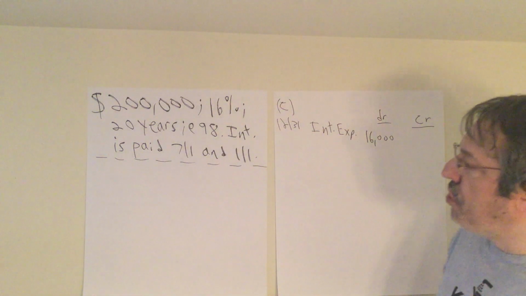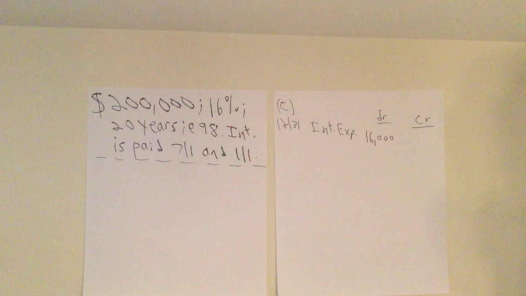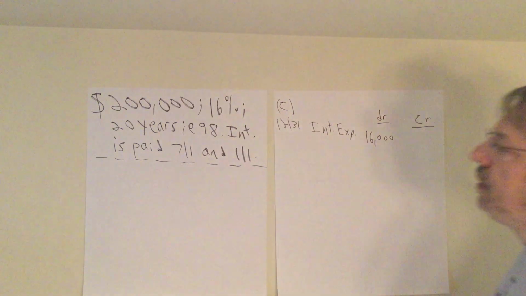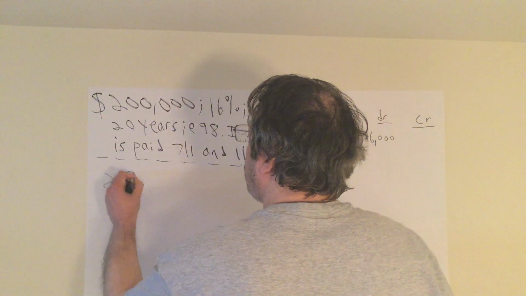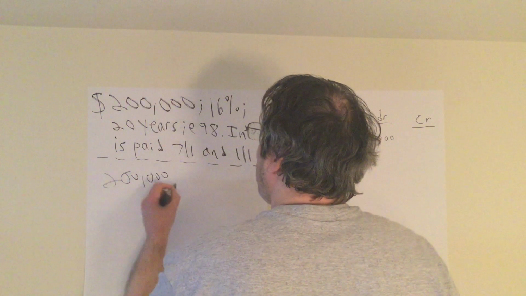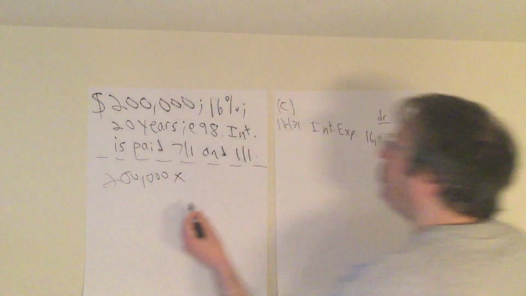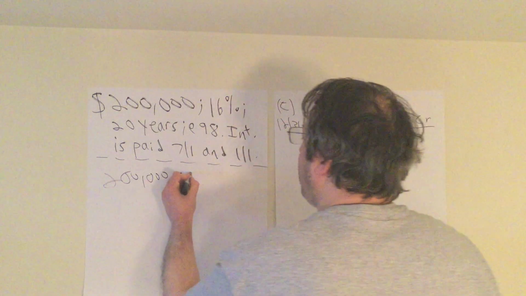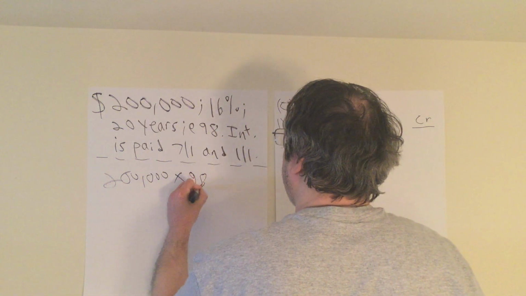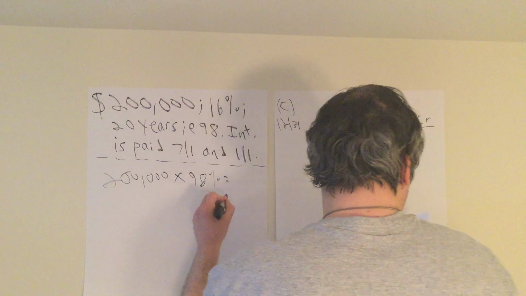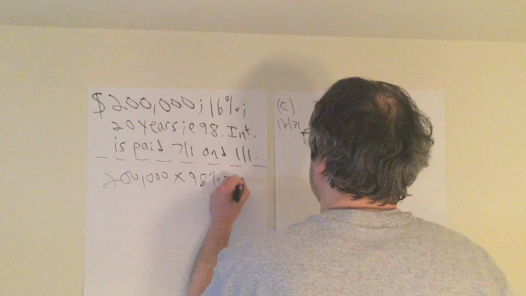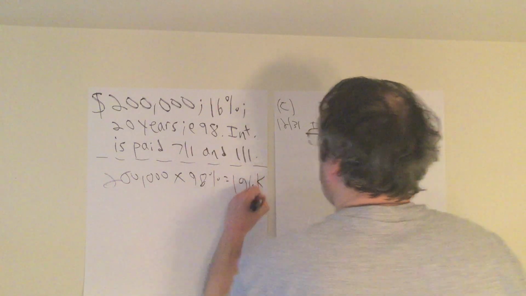So the first thing we want to do is record the issuance of the bond. So we know the bond is $200,000. And it was issued at 98, so times 98%. And that's going to give us 196,000. Right.